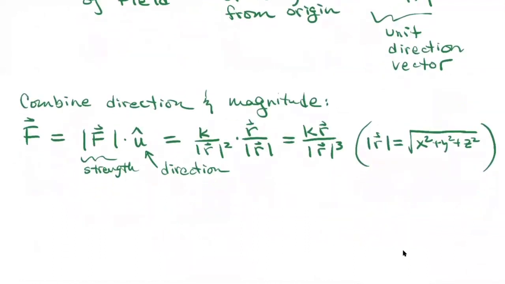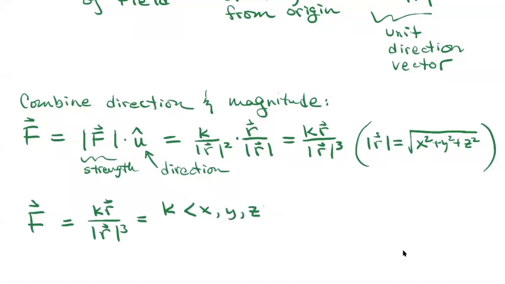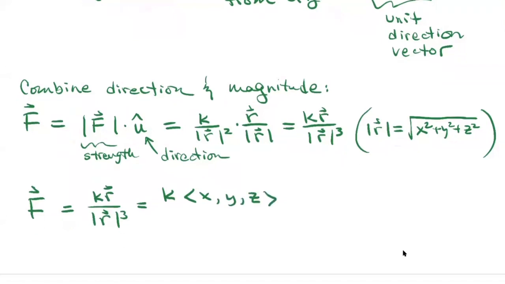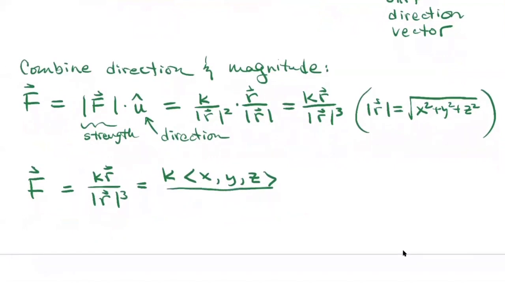So the field then being KR over the magnitude of R to the third, you're going to have to bite the bullet and say that's K times X, Y, Z over the square root of X squared plus Y squared plus Z squared, and that's to the third power, yuck.